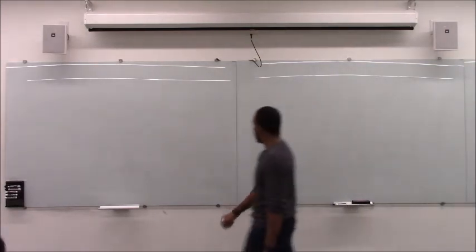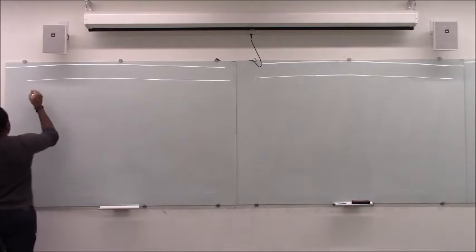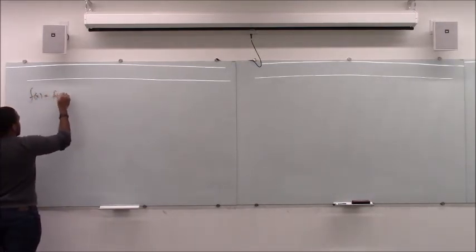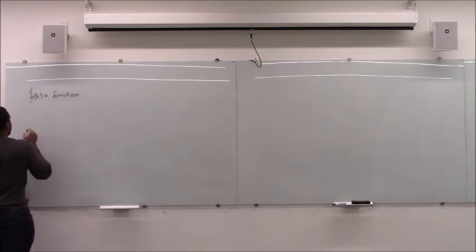So a couple days ago we defined something that's very, very important. f of x is some function. We discovered something called f prime of x. And what was the definition of f prime?